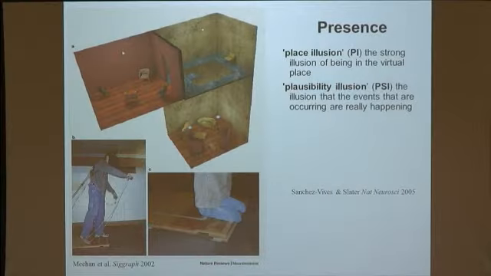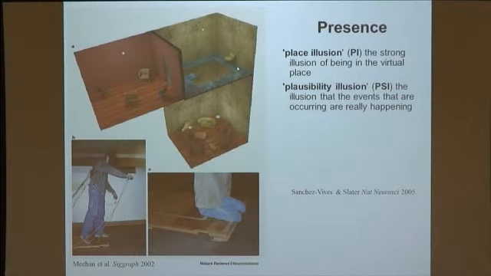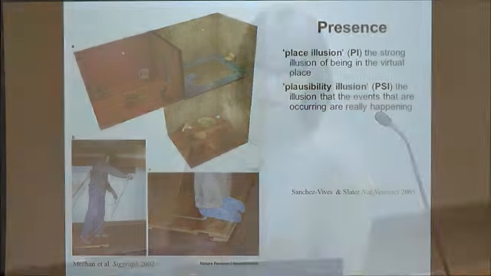realistic behavior can be seen here in this experiment by Meehan et al. in SIGGRAPH 2002. They asked participants to cross a room with a cliff. You can see the real scenario here, and the virtual reality. And it's interesting to see that all the participants walked around the cliff, even though they knew there was no real cliff.